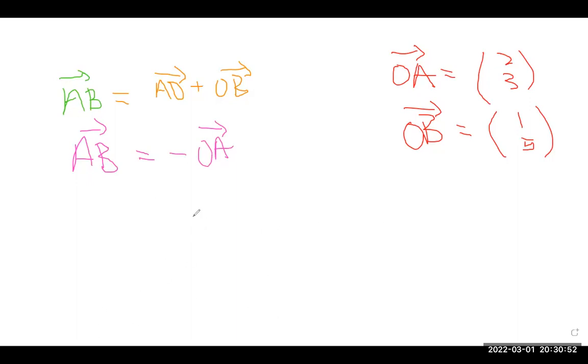Let me show you. Let me put this as A. So this point here is A, and that point here is O. If I were to sketch this vector OA, this implies I'm starting from O going towards A. So the direction of my arrowhead would be this way, going from O to A. But if I gave you the vector AO instead, all that means is I'm switching the direction of the arrowhead.